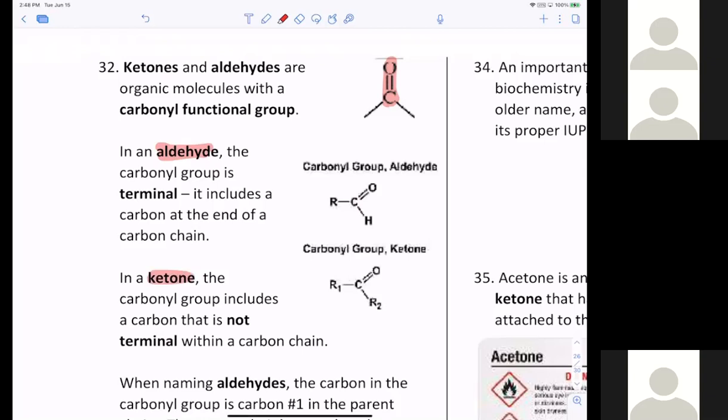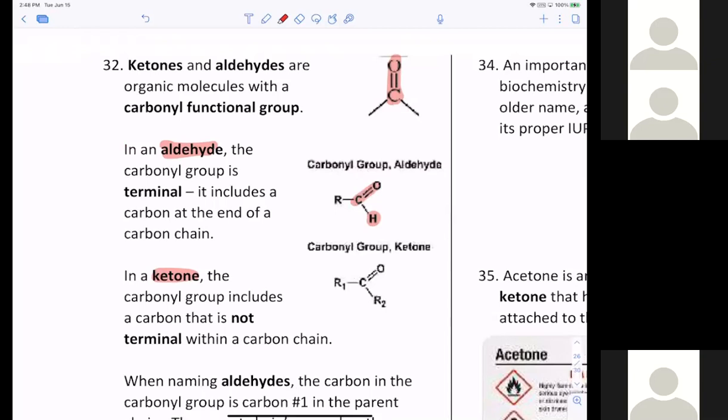In the aldehyde, there's a carbonyl, there has to be a hydrogen because it's at the end of the molecule, and then there's an R group. That R group could be another hydrogen, in which case you'd have the simplest possible aldehyde, or it could be some kind of carbon chain.